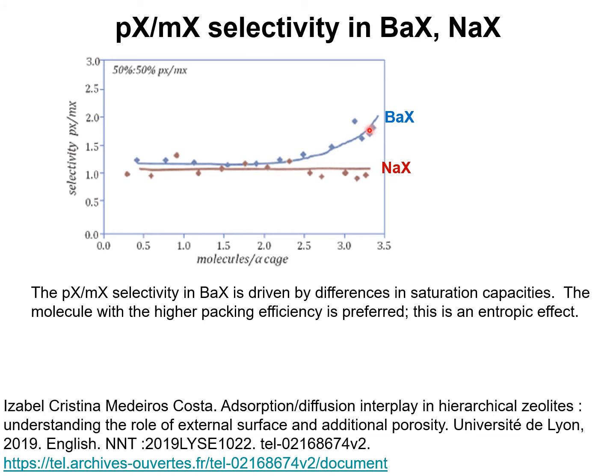So the selectivity in favor of para-xylene is due to entropy effects.